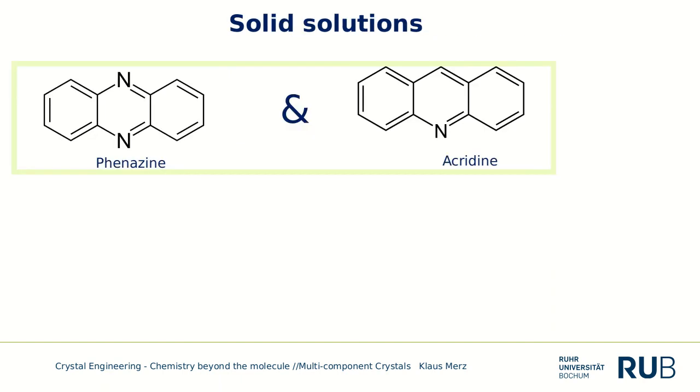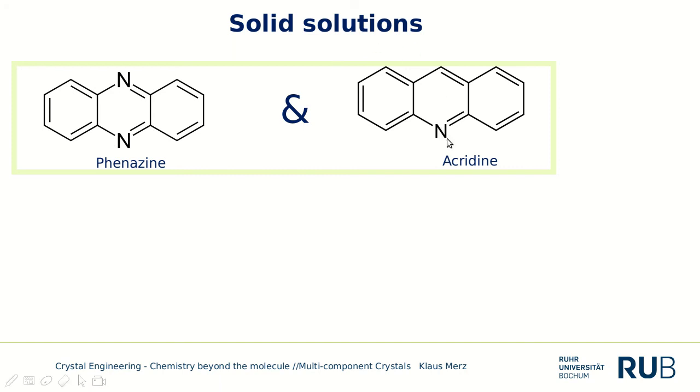And now at the end, this is one example. So nicely, phenanthrene and acridine. This is really similar. We talk about the crystal structure of arenes, aromatic compounds.